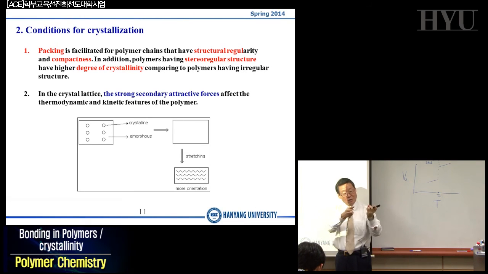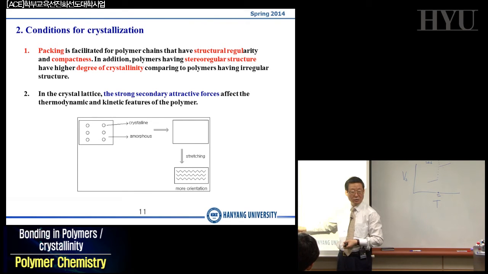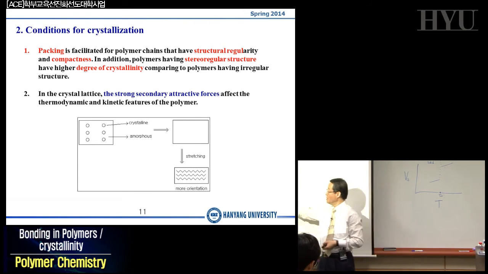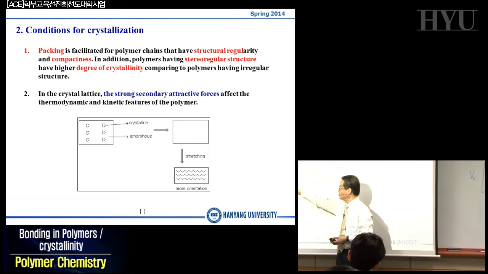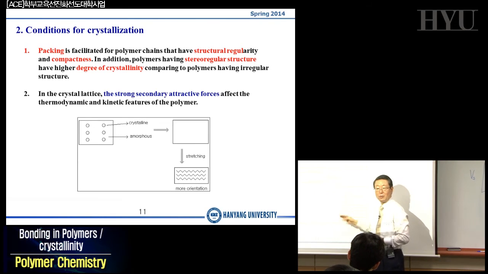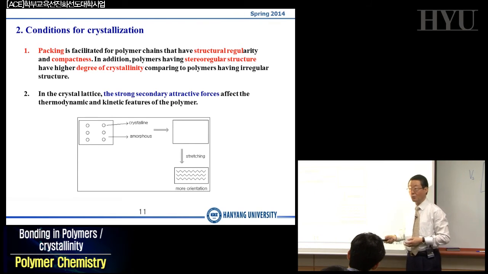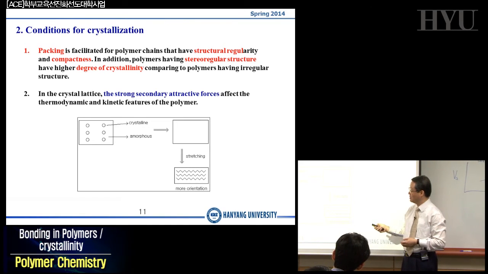So if you stress a little bit, your polymer chain will be aligned, just like in this case. So you have more orientation in here. So we have two cases: the original solid phase and the oriented solid phase.